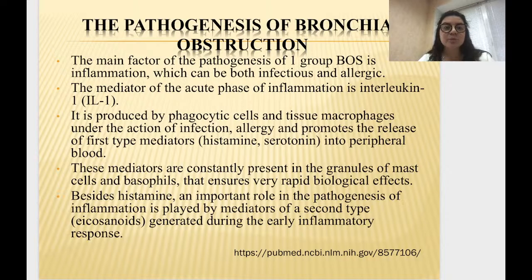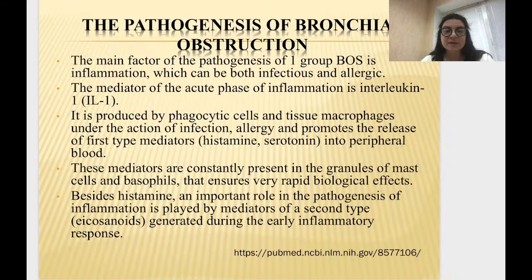It is produced by phagocytic cells and tissue macrophages under the action of infection and allergy, and promotes the release of first-type mediators like histamine and serotonin into peripheral blood. These mediators are constantly present in the granules of mast cells and basophils, which ensures very rapid biological effects.